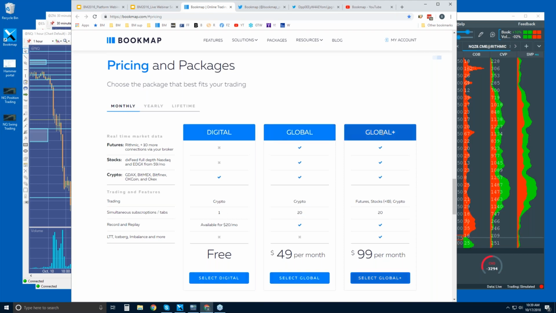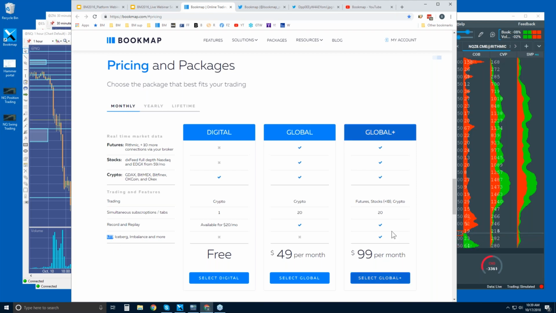Then for the Bookmap Global, the big distinction here is the add-on package. The add-on package contains our proprietary indicators we developed. They look at very specific order flow phenomena. For example, our large lot tracker looks at larger players in the order book.